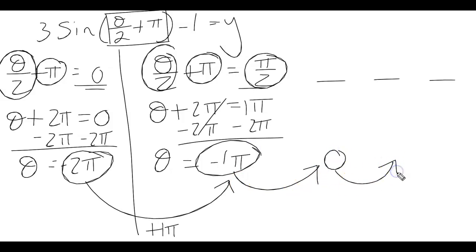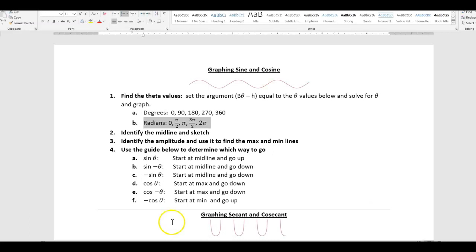And if I add another pi to that, I get 1 pi. And if I add another pi to that, I get 2 pi. So those are going to be the angles that I use. So that is the first step in the process of graphing these functions. Set the argument equal to the theta values given here and solve for theta. And if you can, use the shortcut to find the rest.